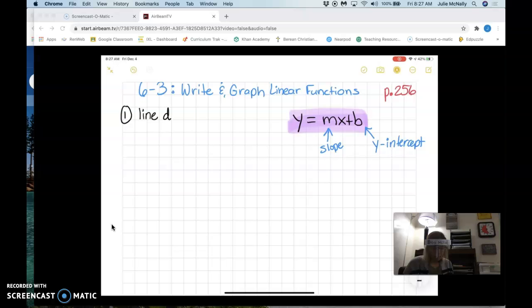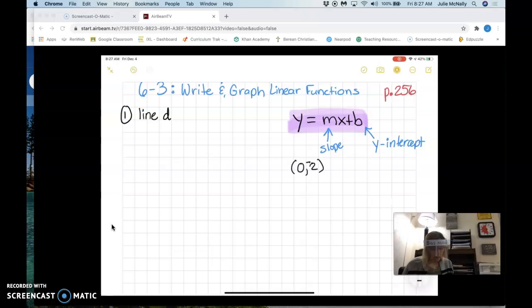So the first point I'm going to get is the one that's right on the y-axis because it's easiest, which would be 0 and 1, 2, 3, 4, 5, 6. Hold on, I'm looking at the wrong line. 1, 2. So the first point of line D is 0, negative 2.